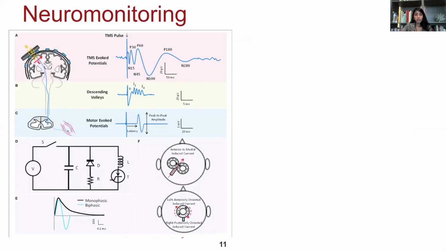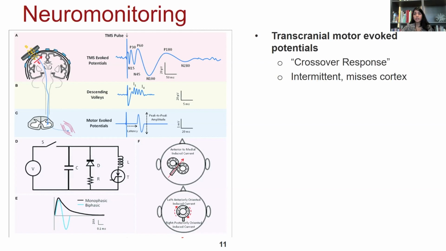So in terms of neuromonitoring, we can actually monitor patients' motor function and their sensory function while they're asleep. It's a very useful function. These things we call transcranial motors. I'm not going to go into too much detail about it, but generally we basically put electrodes in the scalp and we transmit signals through the motor cortex, and we can test the whole integrity of the system.